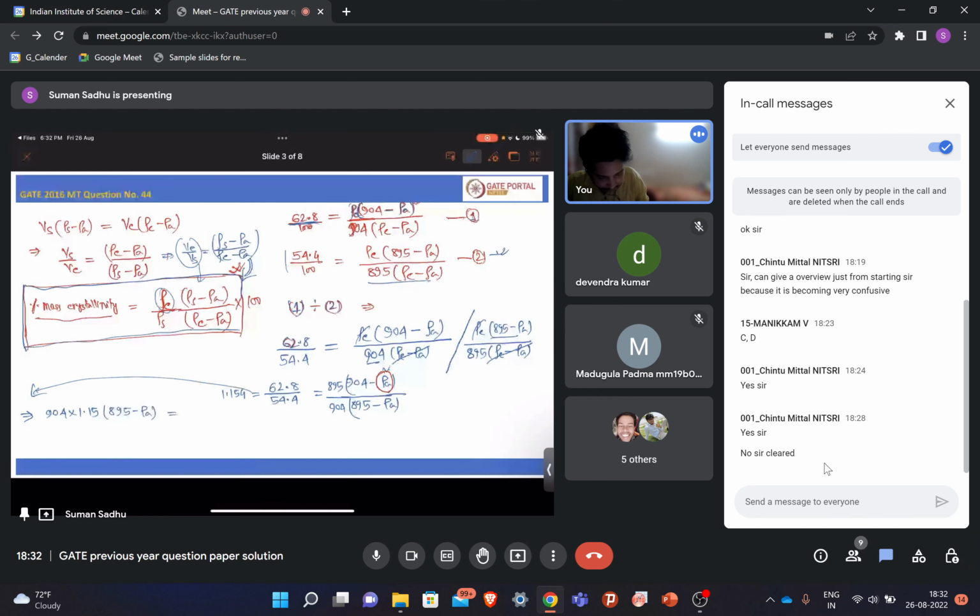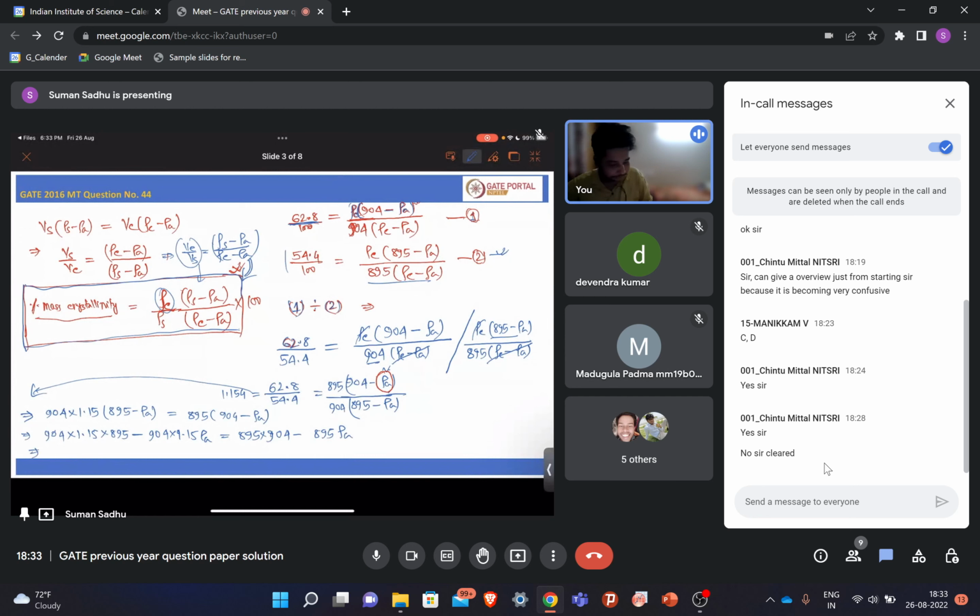Now let us write 904 into 1.15 into 895 minus 904 into 1.15 rho a is equal to 895 into 904 minus 895 rho a.